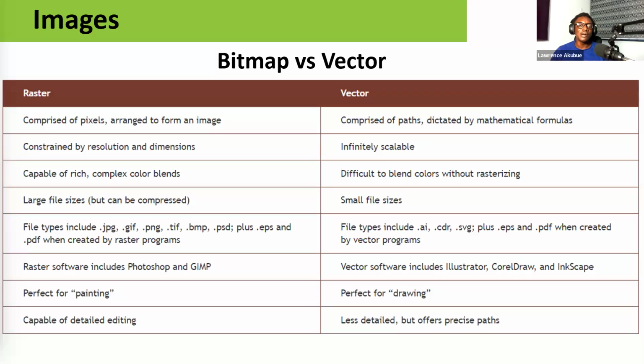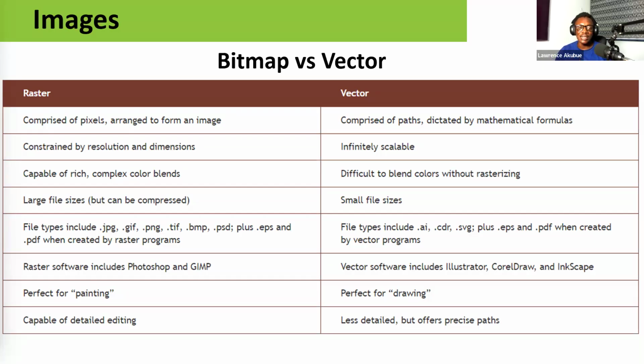But when you talk about vector, you are referring to images that are done through mathematical computation, by curves, paths, and all that. So there are images that are formed by dots, and there are those that are generated by paths and mathematical formulas.